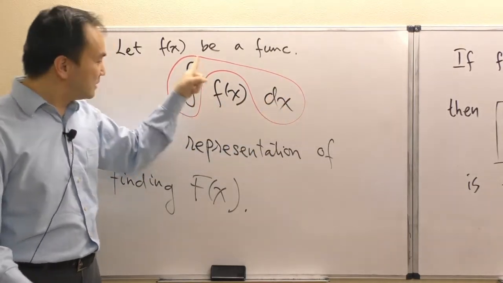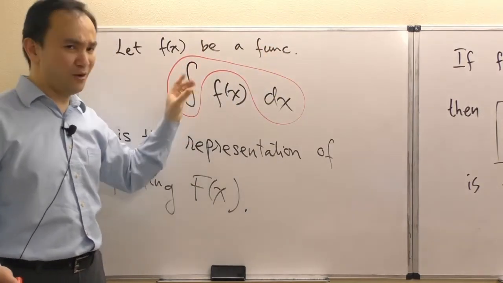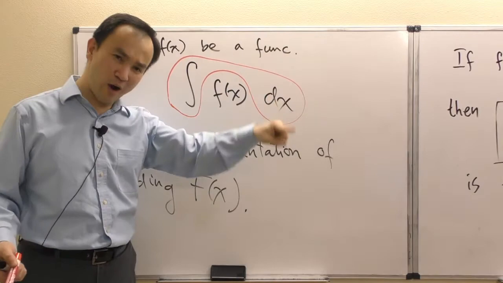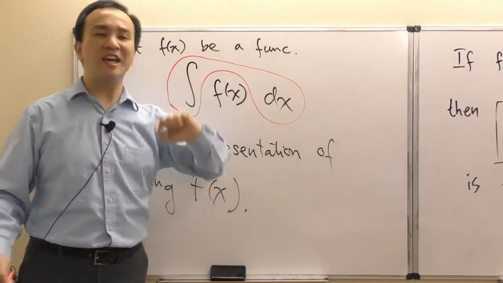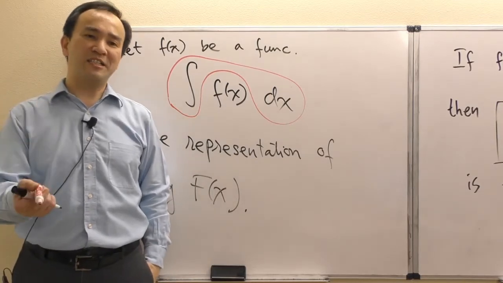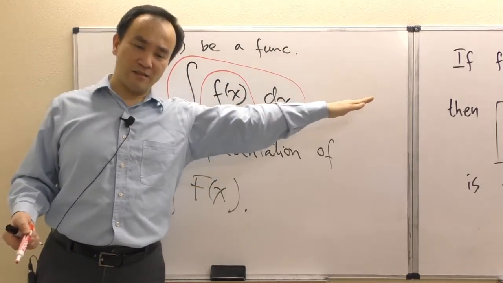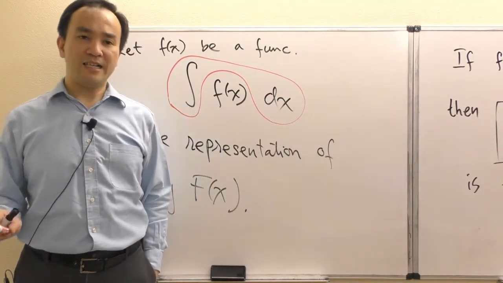That's why this symbol comes with the dx as a whole package, as one symbol. It means two things: find the antiderivative with respect to the x variable. So when I see this symbol, I expect my final answer to be another function in terms of x.